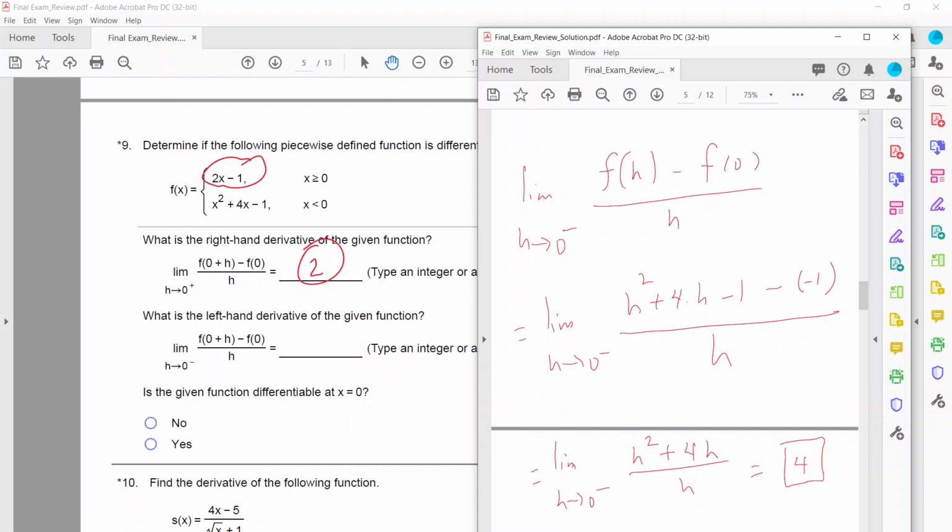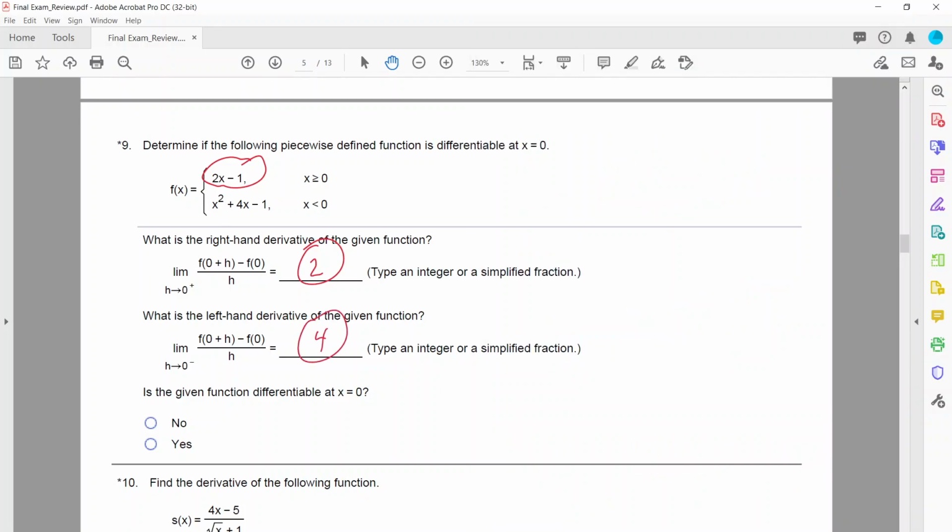When h approaches 0, that h will be 0, so the leftover would be 4. As you can see, the left hand limit is 4 and the right hand limit is 2. That means this function is not differentiable at 0, because to be differentiable, the left hand limit and right hand limit should be equal when h approaches 0.